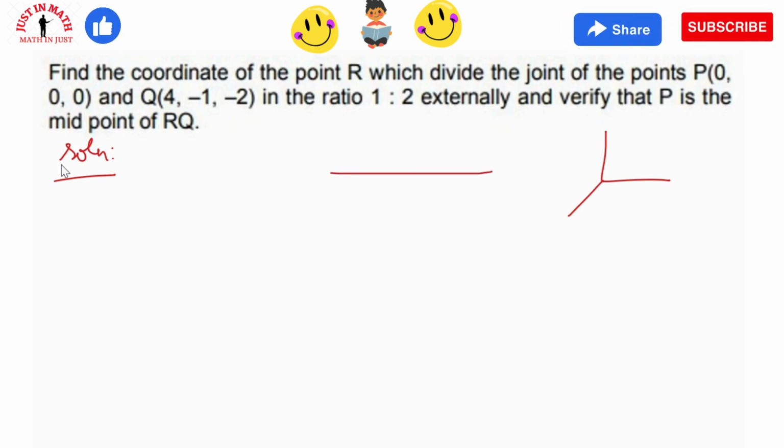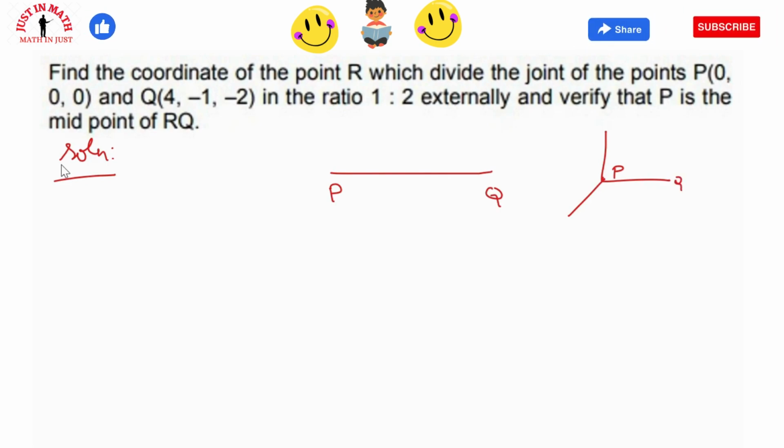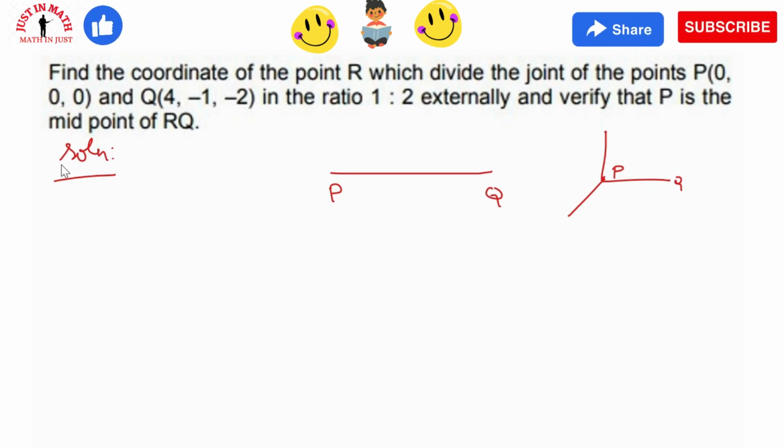So I am going to draw here, as it is a 2D dimension. So I am taking a line. P they have mentioned, and Q also they have mentioned, and P is the origin. For example, think about P here and might be Q here, and we have to find the midpoint.